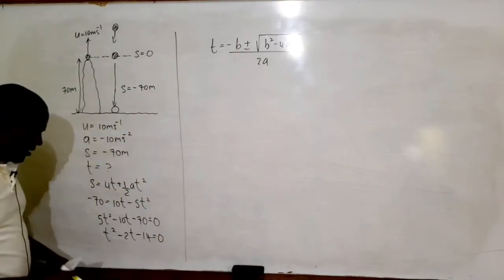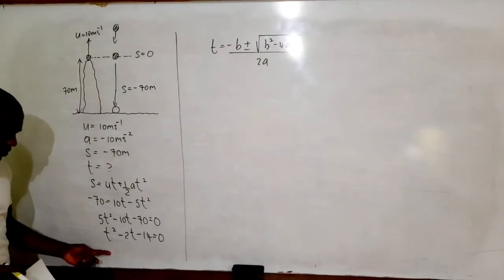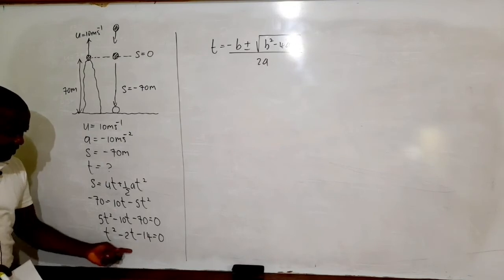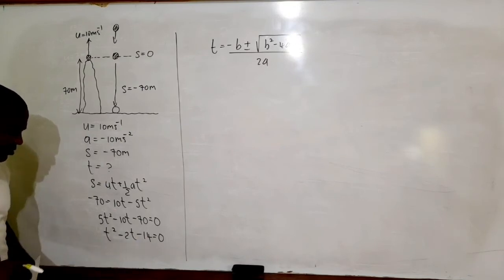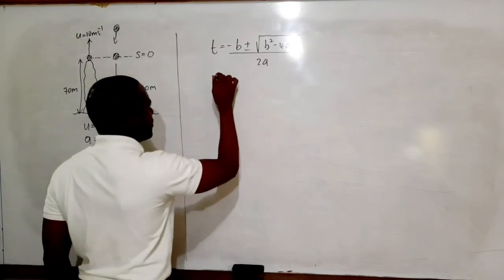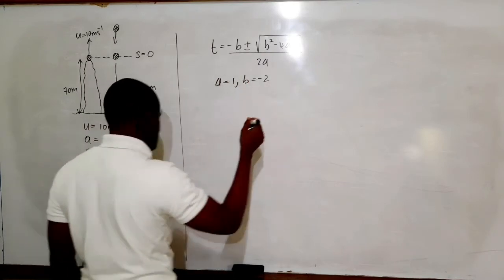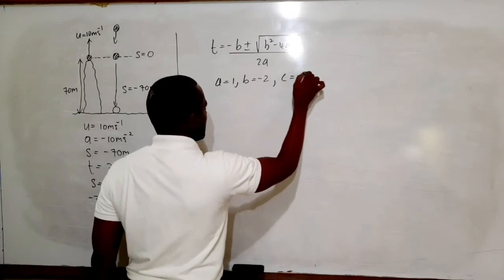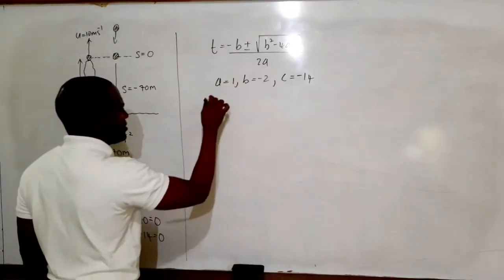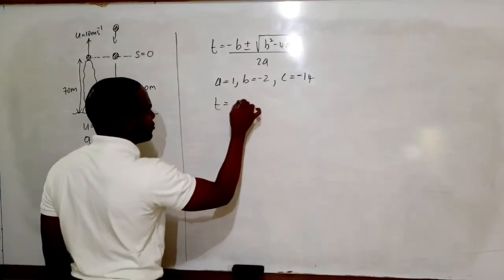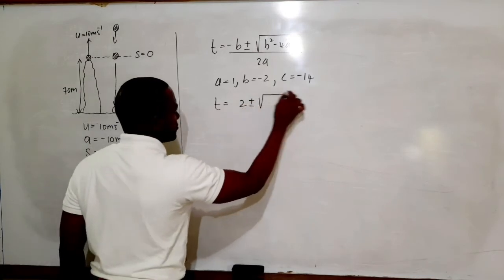So in this particular case, a is the coefficient of t squared, b is the coefficient of t, and c is the constant term. So we have a equals 1, b equals minus 2, and c is equal to minus 14.